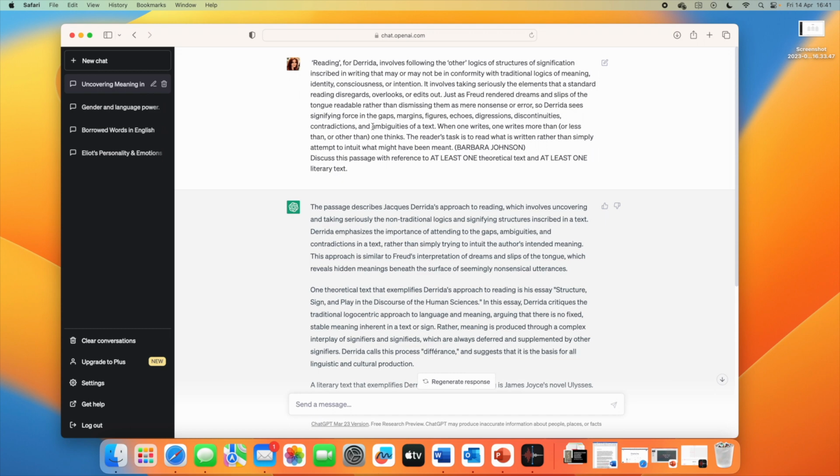Derrida sees signifying force in the gaps, margins, figures, echoes, digressions, discontinuities, contradictions, and ambiguities of a text. When one writes more than or less than or other than one thinks, the reader's task is to read what is written rather than simply attempt to intuit what might have been. Barbara Johnson. Discuss this passage with reference to at least one theoretical text and at least one literary text.